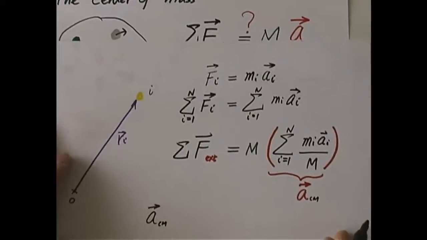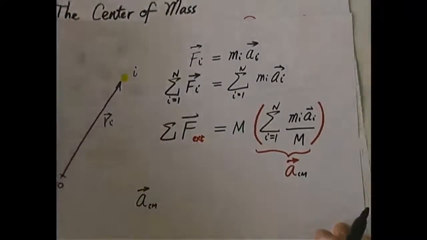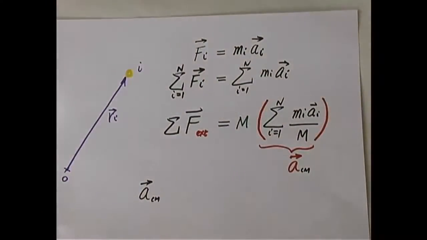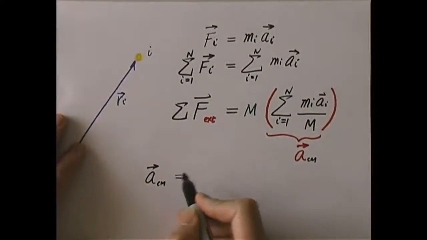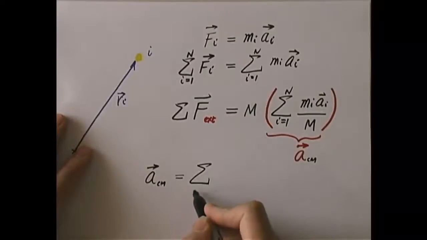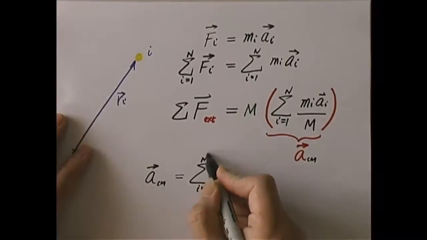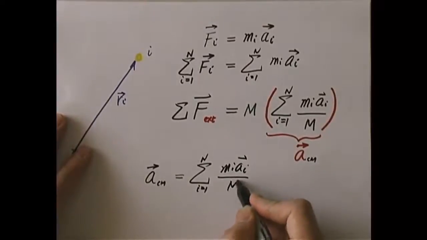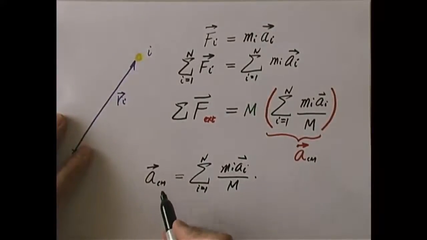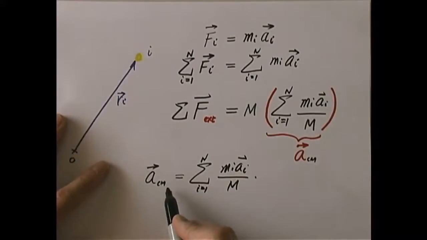So what is A_CM equal to then? Well, take a look. A_CM equals this: sum of m_i a_i over capital M. It is the second derivative of a displacement vector with respect to time. You know, acceleration is always the second derivative of a displacement vector, right?